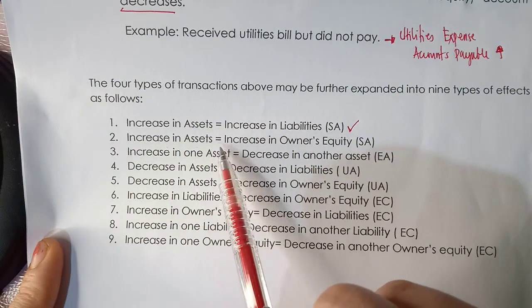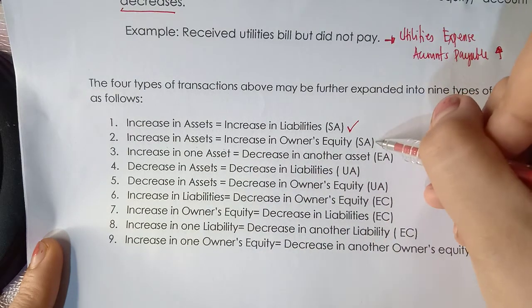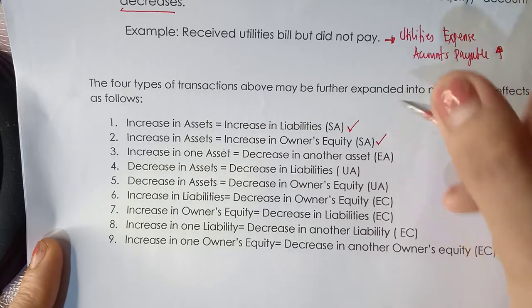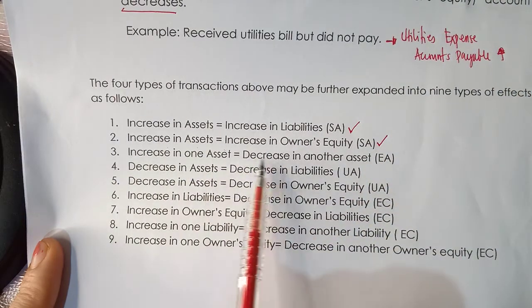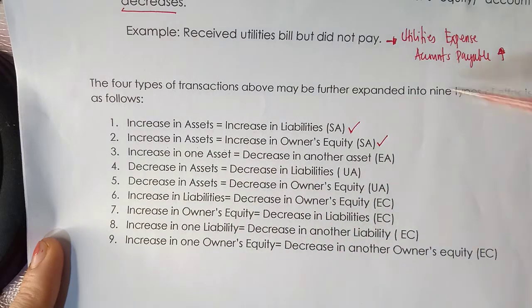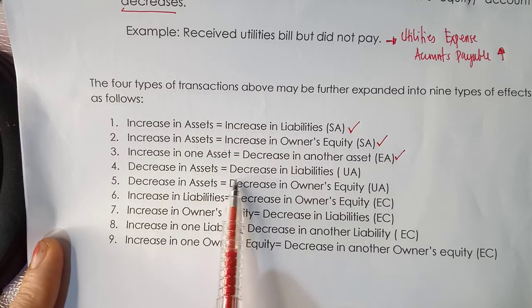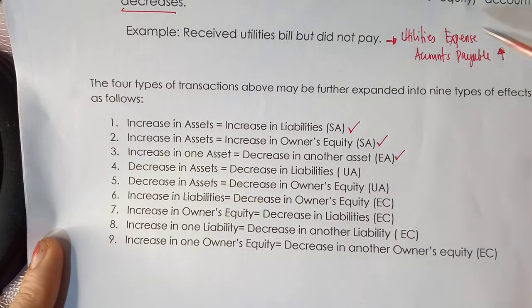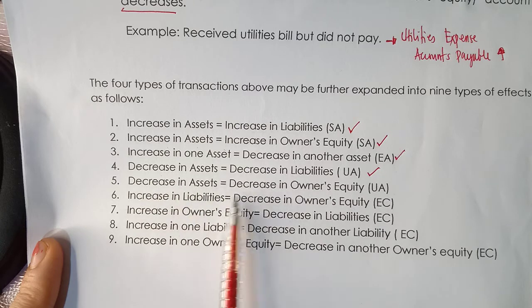Increase in assets is equal to increase in owner's equity, also called SA or the source of assets. Increase in one asset is equal to decrease in another asset. It is EA or the exchange of assets. Decrease in assets is equal to decrease in liabilities, called the UA or the use of assets. Decrease in assets is equal to decrease in owner's equity.